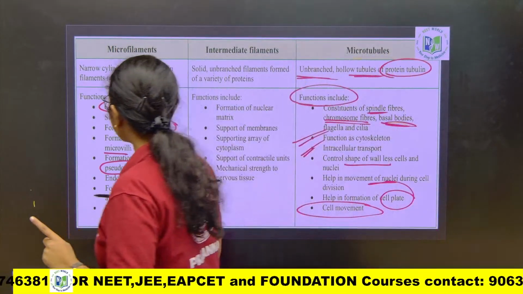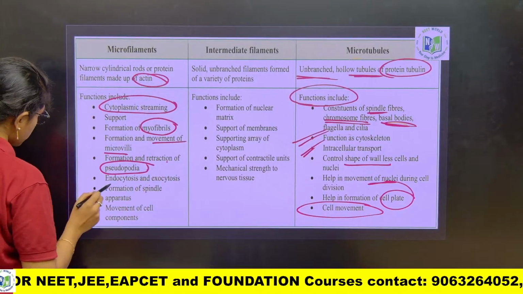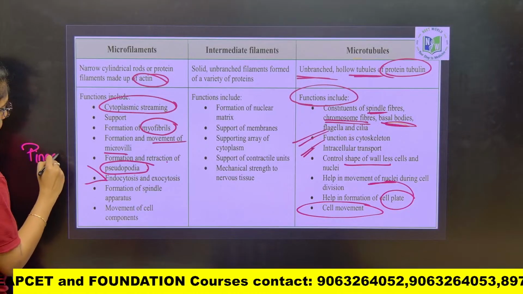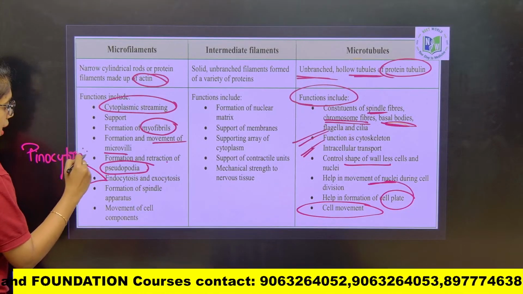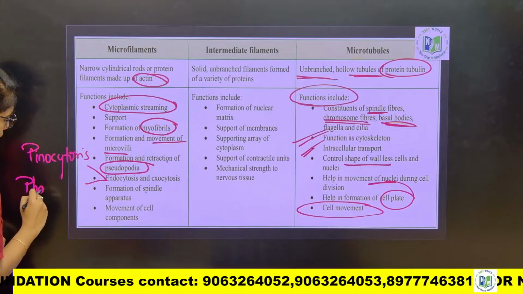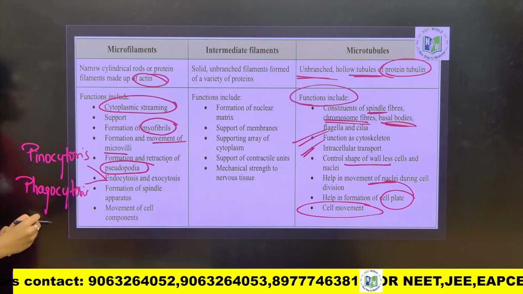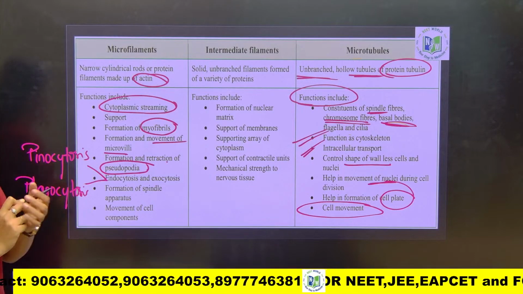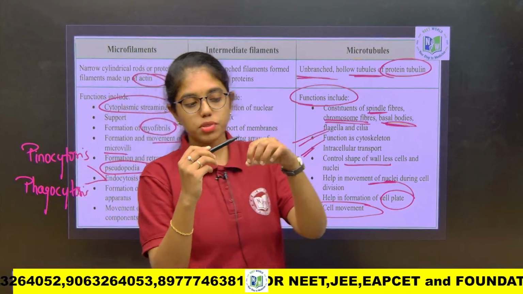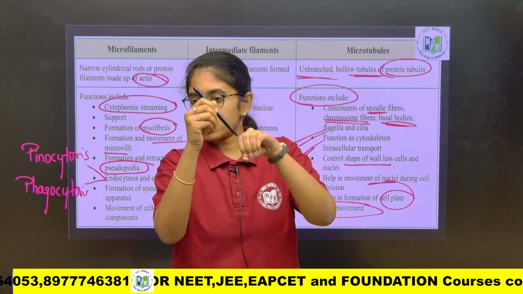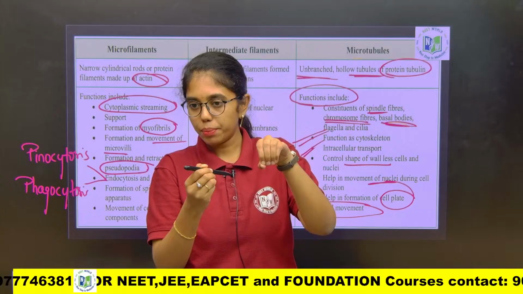Here I would like to tell you two things. Endocytosis is of two types. Pinocytosis is also called cell drinking. For example, suppose this is a cell and there are liquid particles around the cell membrane.